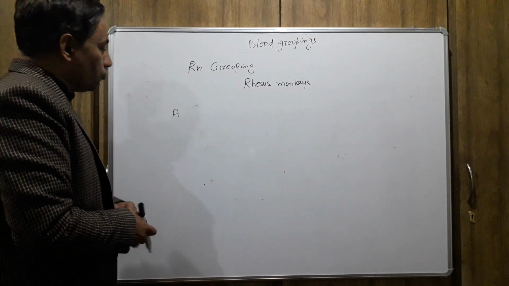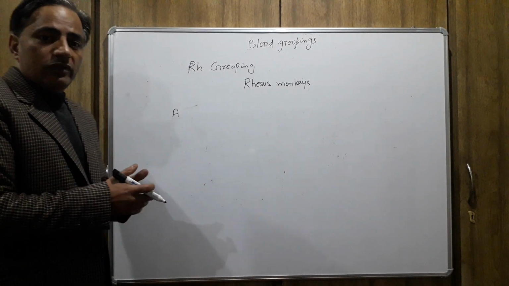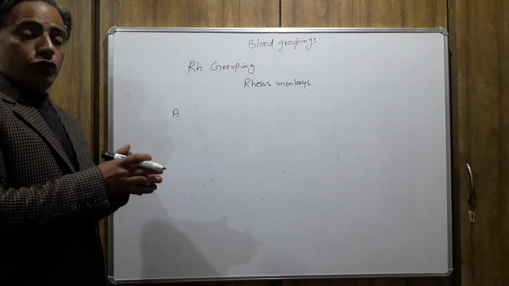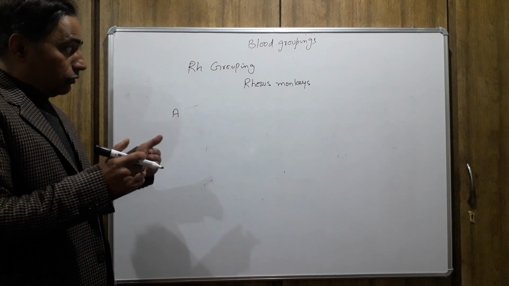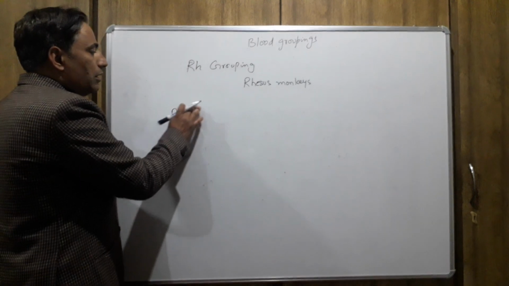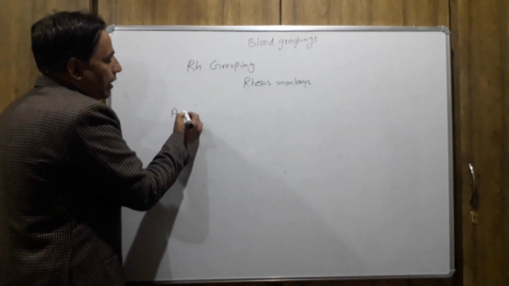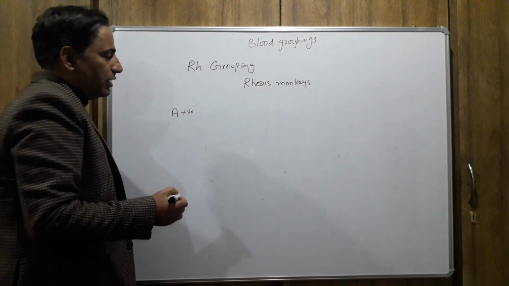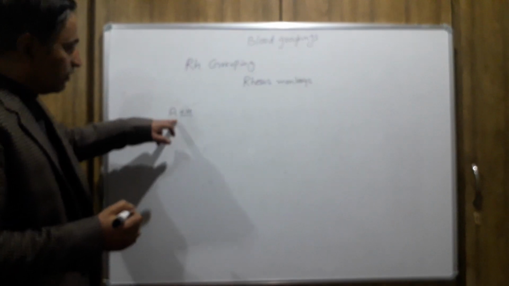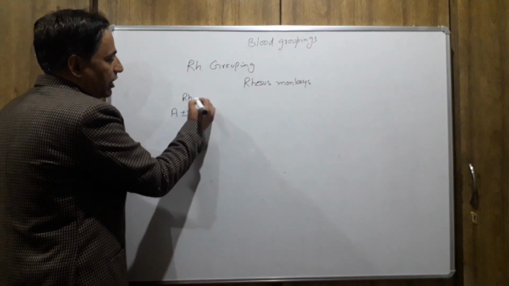RBCs. So not only do we have to see which type of blood the person has, but we also have to see that the RH antigen should match. For example, you would have heard that a person has blood group A positive. That means the positive here indicates that the person with blood group A also contains the RH antigen.